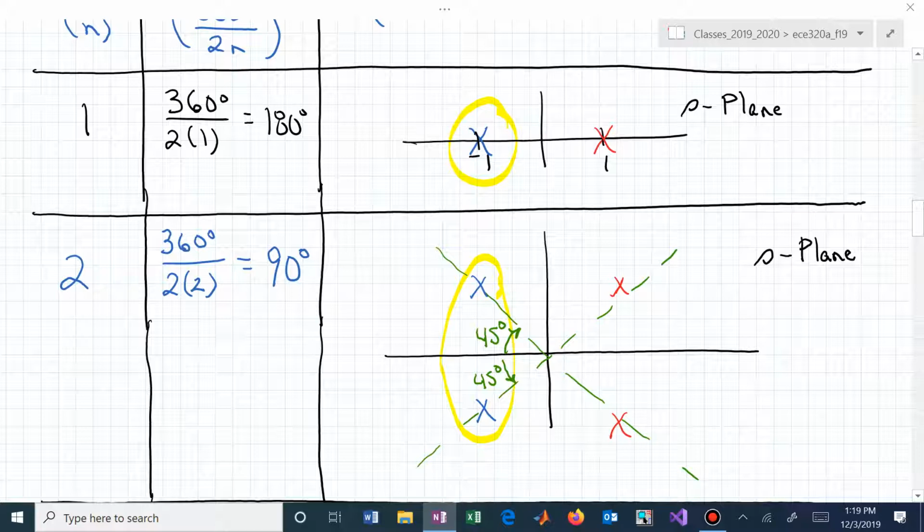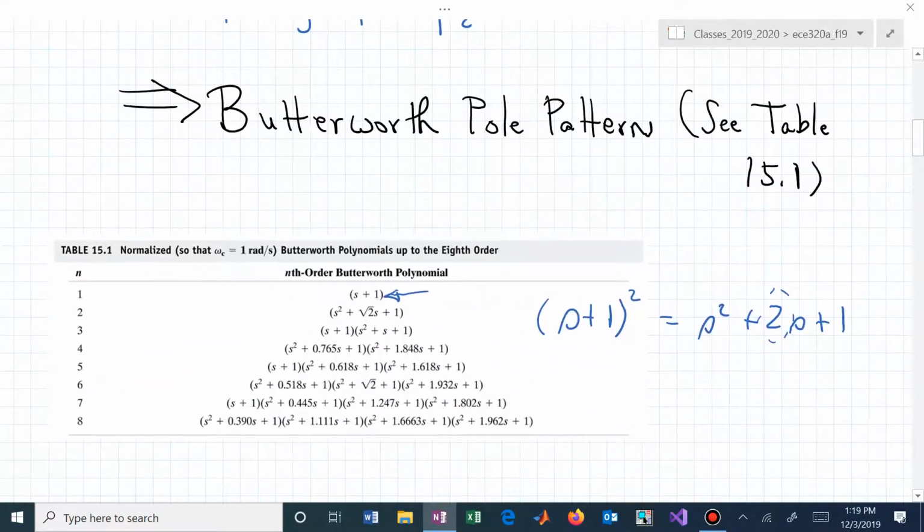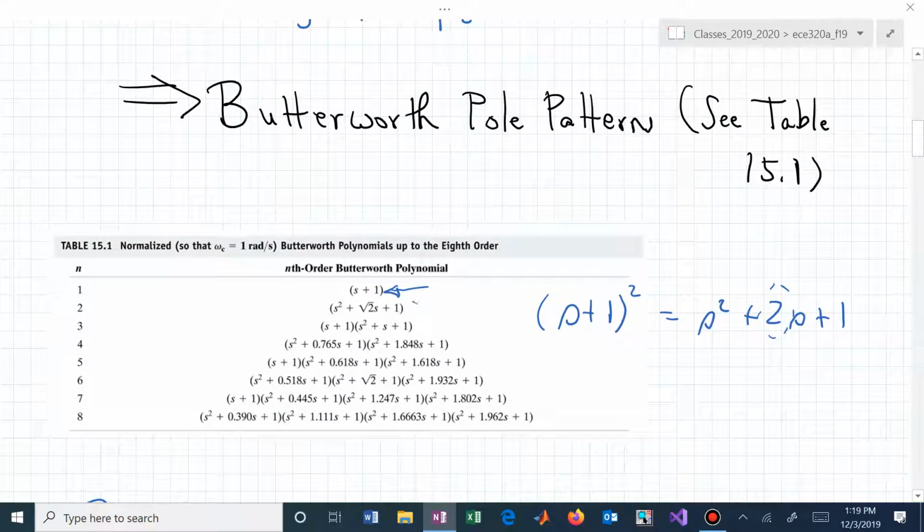All 4 of those are 1 away from the origin. We now know by symmetry then that we could compute the real component and the imaginary component of those 2 poles that are in the denominator. And you could have found those also by simply plugging this expression into the quadratic formula.